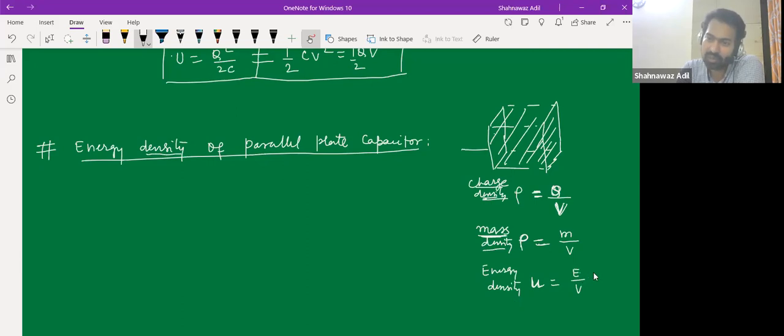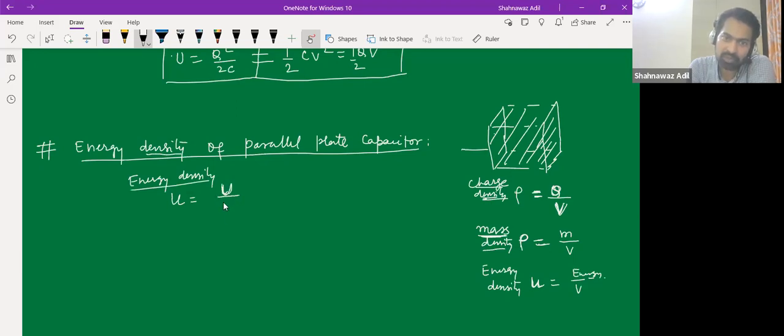So u is the energy density, and this would be energy U by volume. The distance between these plates is d, and the surface area of this plate is A. Can you guys tell me what would be the volume?